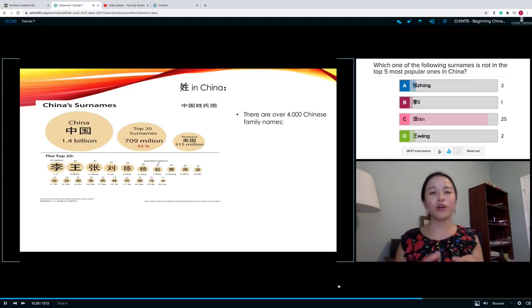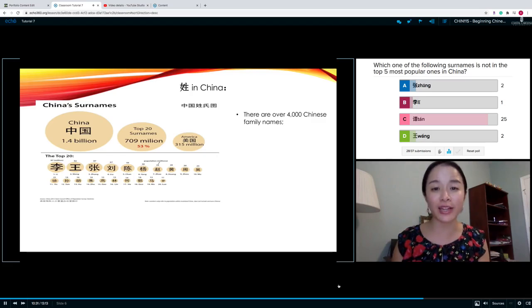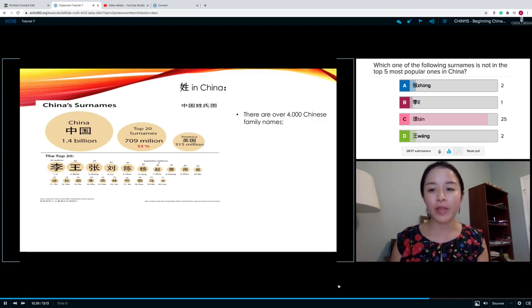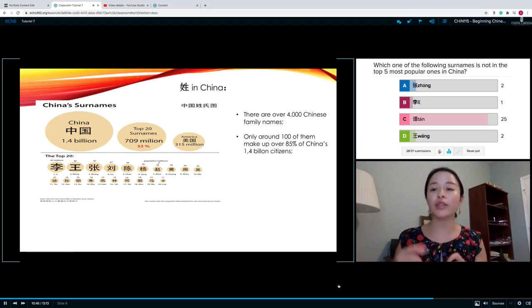I want to talk about 姓 in China, Chinese surnames. As you know, China has over 1.3 billion people, and there are over 4,000 Chinese family names. That is a lot. However, only around 100 of them make up over 80% of China's citizens.